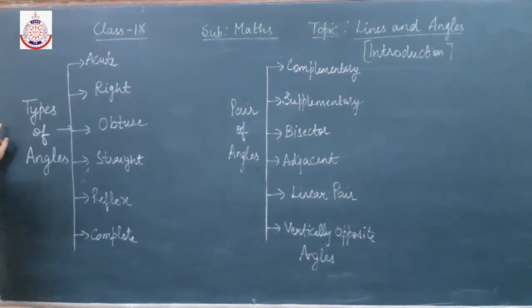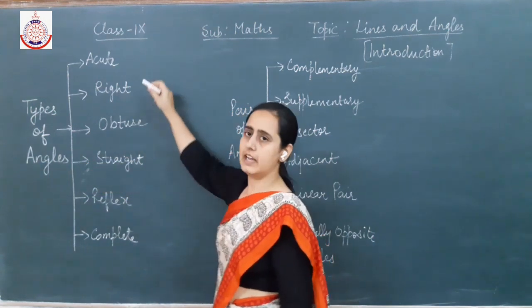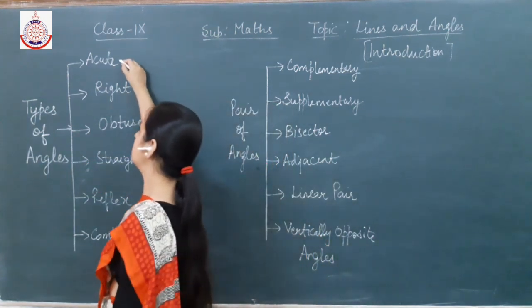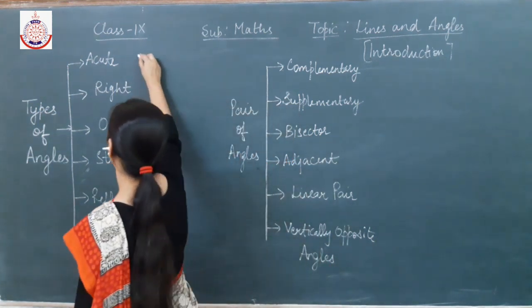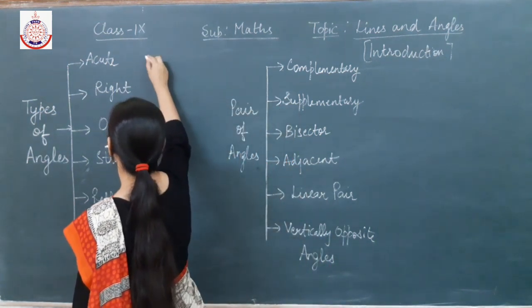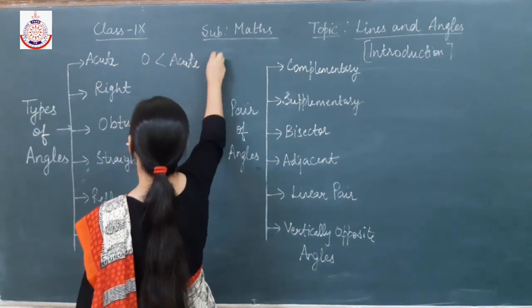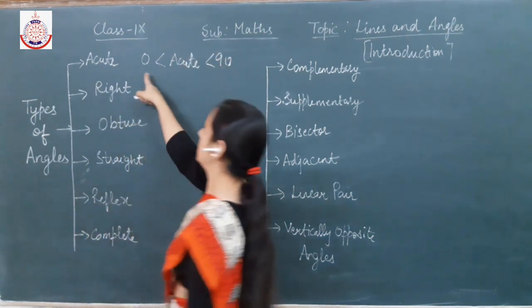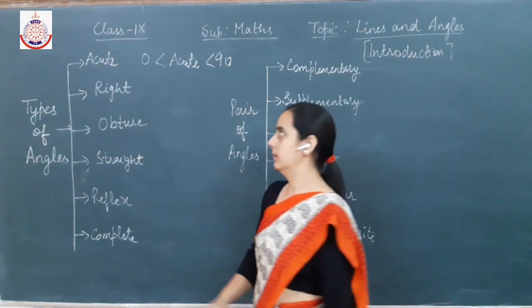Fine. We have to discuss the types of angles. First is acute angle. The measure of the acute angle is less than 90. We can say it lies between 0 and 90. That angle is called an acute angle.